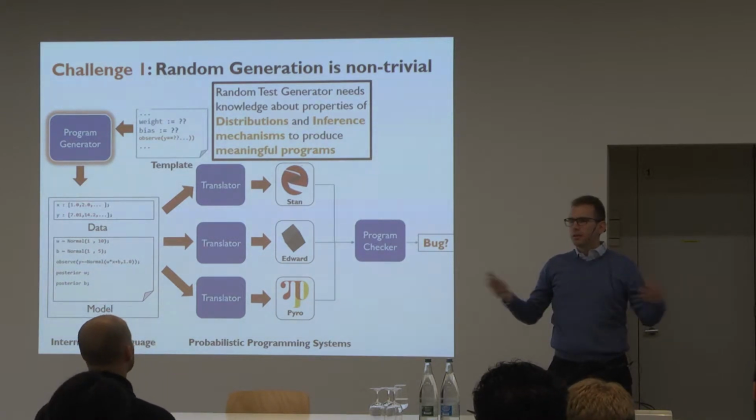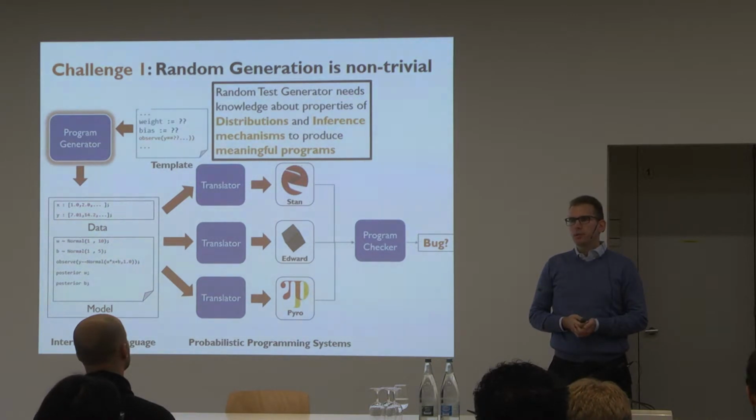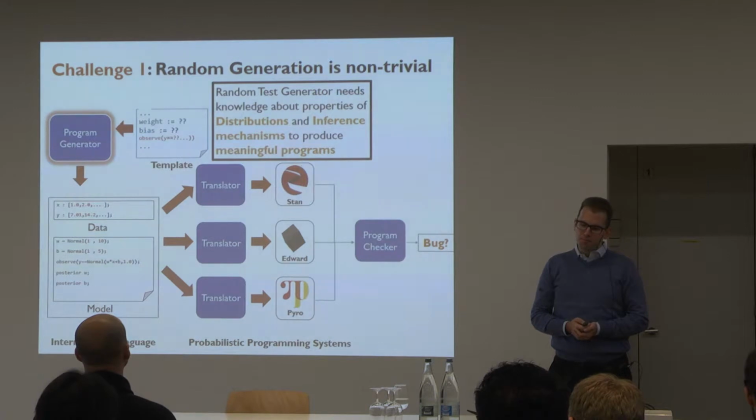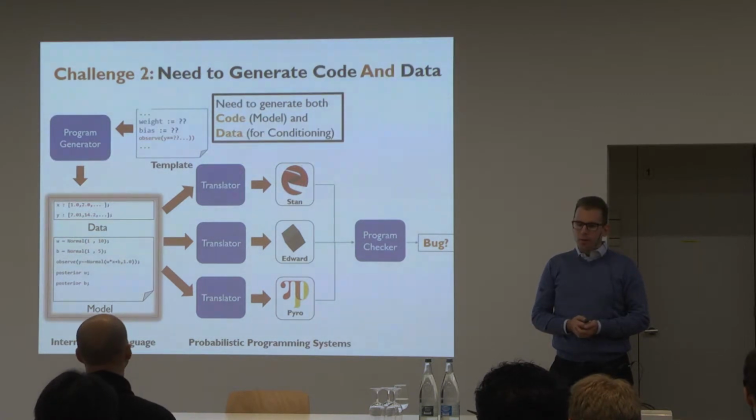Because if you just start doing things randomly, you may not get far, because of the current state of these models and the way the tools are implemented, you need to be careful in how you construct them. Another challenge is what we produce out of program generators. It's not just a program.